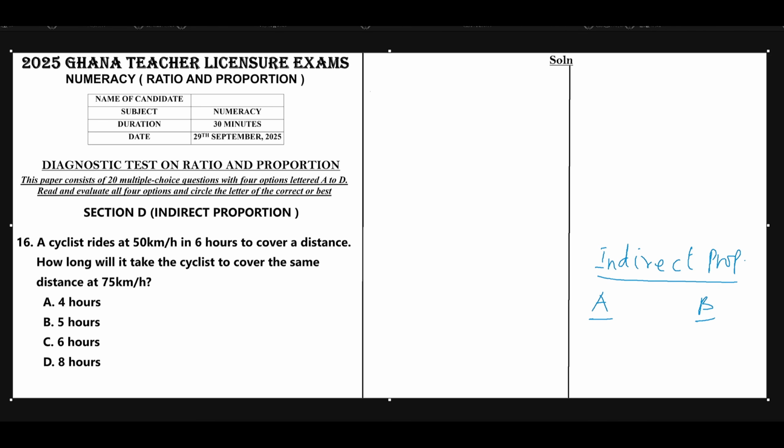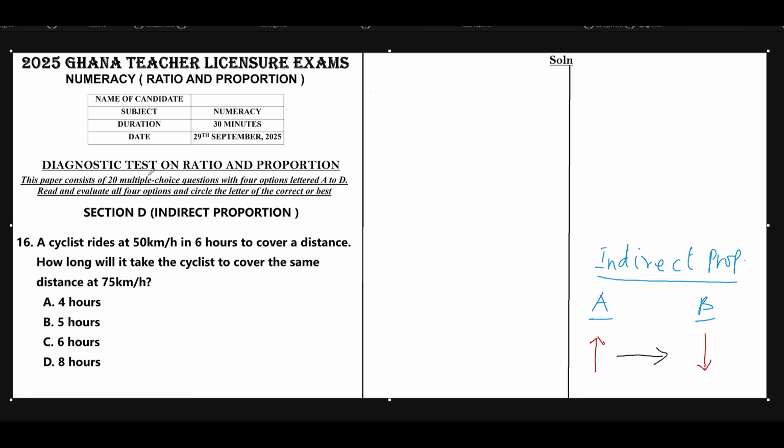As one quantity increases, so let's say as quantity A increases, this time it will cause quantity B to decrease. So it's more or less like they are in opposite directions. As this one increases, the other quantity decreases, or as one quantity decreases, it causes a corresponding increase in the other quantity. So let's look at our first example.